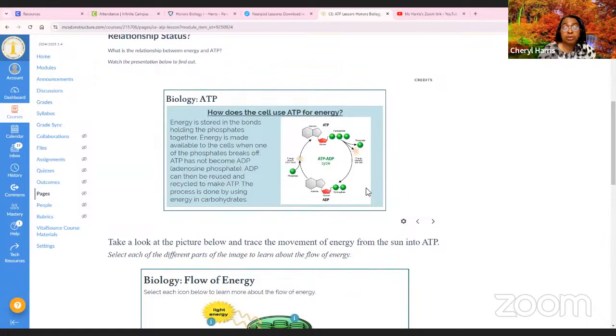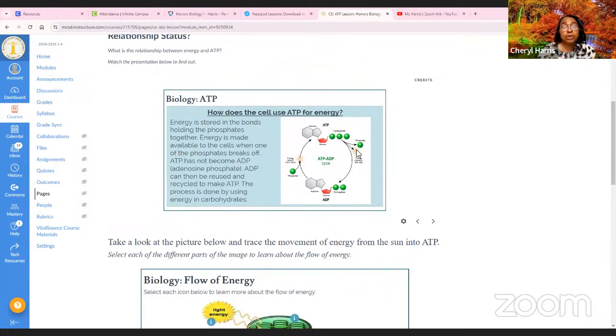All right, he briefly went through this. If you're looking at the picture, you start off with an ATP molecule, and you need to remember that that P stands for phosphate. And those little green circles, there's three of them. So triphosphate means there's three phosphates attached to the adenosine molecule, which is adenine and ribose connected together, plus the three phosphates.